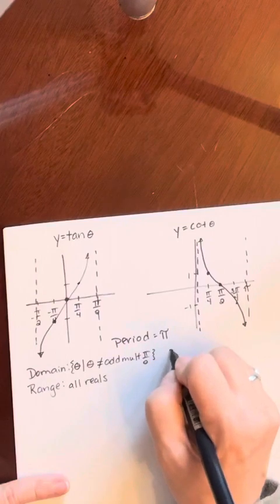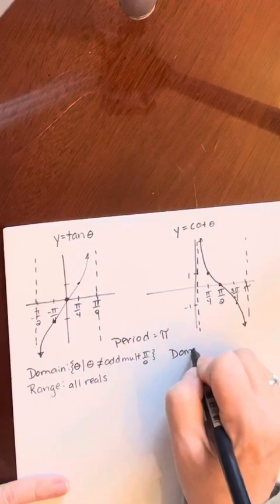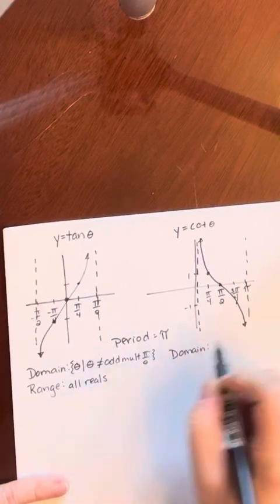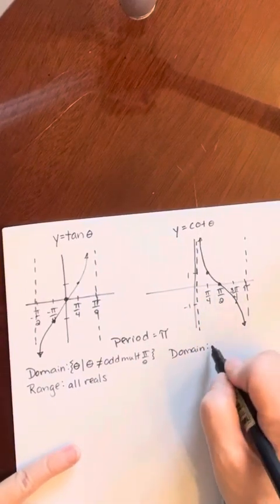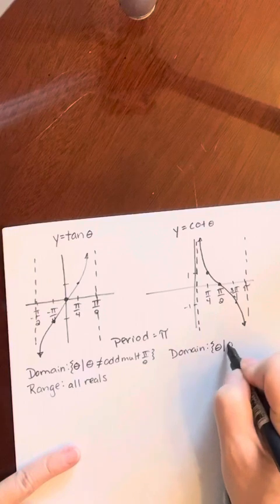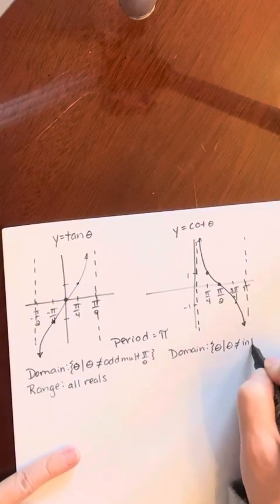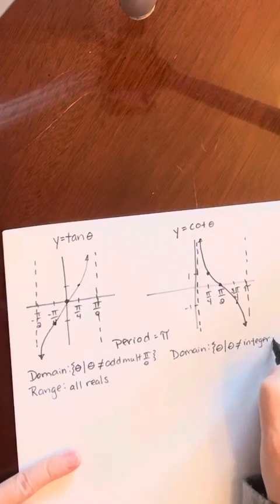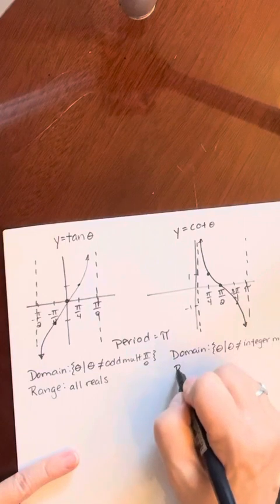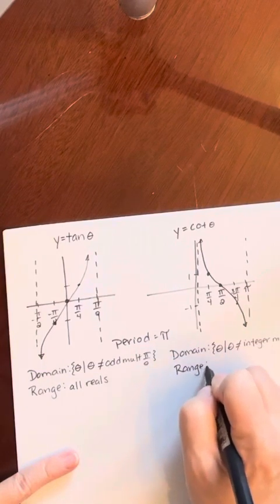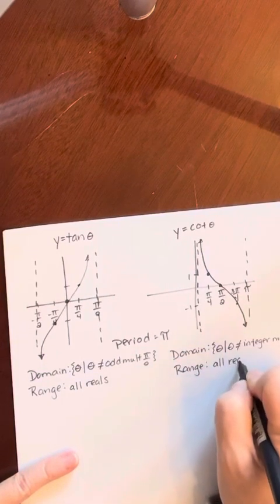And then your domain for cotangent, instead of odd multiples of pi over 2, you have integer multiples of pi. So we have theta such that theta cannot be integer multiples of pi. And your range, same. Range is all reals.